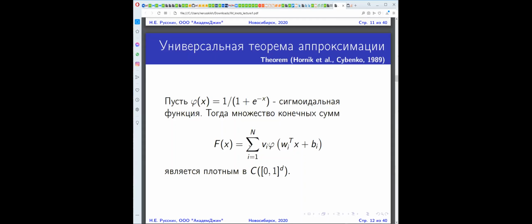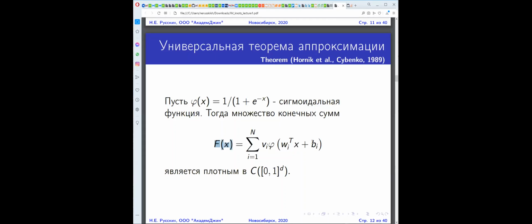What I was about to say is that just a two-layer neural network can approximate every continuous function in that multidimensional cube.